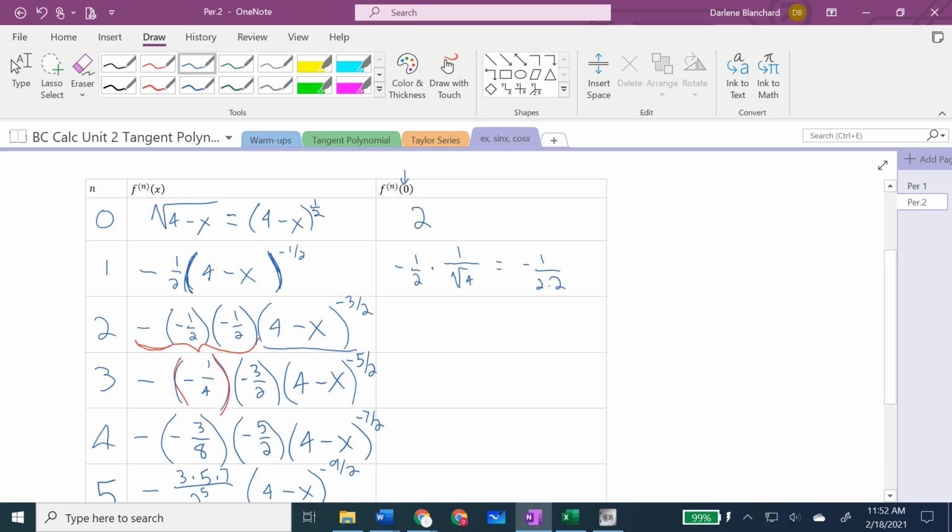When I look at number 2, this constant is negative 1/4. Just this piece.